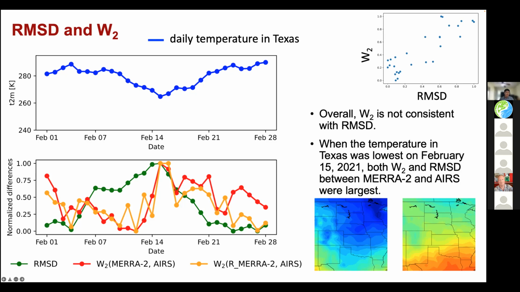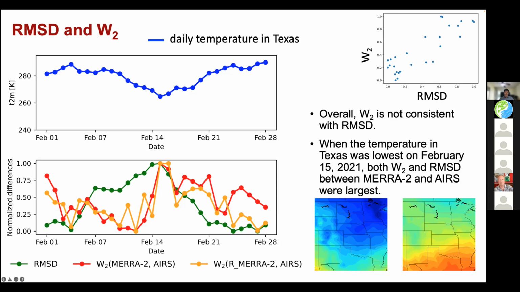And the orange line is the Wasserstein distance between regridded observation and climatology. And this scatter plot indicates that the RMSD and Wasserstein distance, second order Wasserstein distance, are not fully consistent with each other.